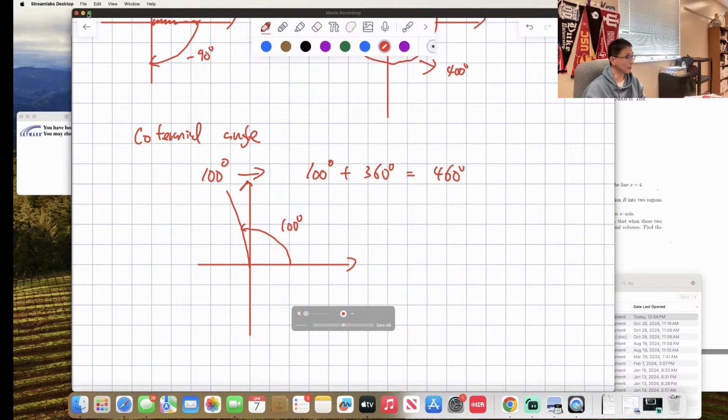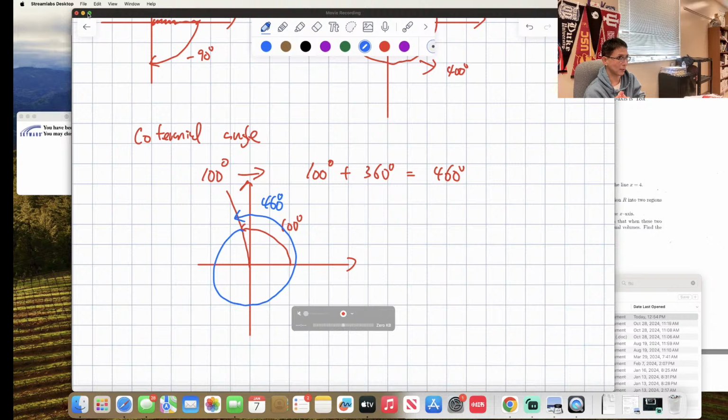But I can start from this point and draw another circle here. If I take this all the way here, this is 460 degrees. Now 460 degrees faces the same terminal side as 100 degrees.